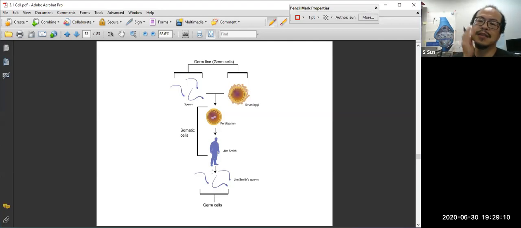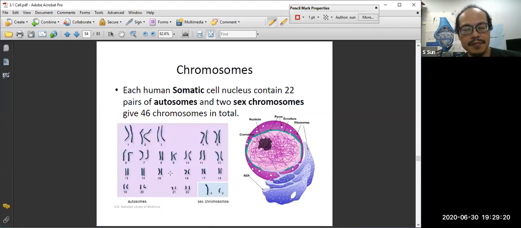So all our cells in our body have the same sets of chromosomes. This one is an example that we have 23 pairs of chromosomes.